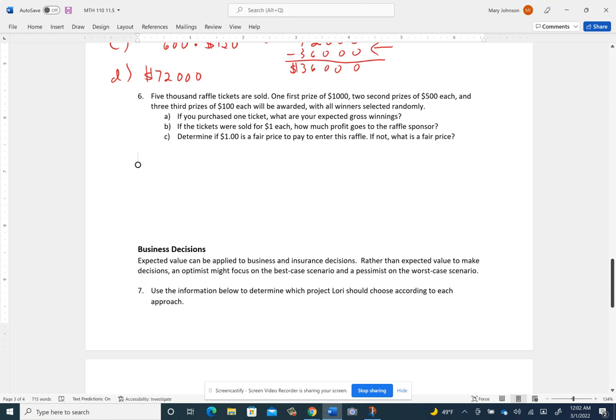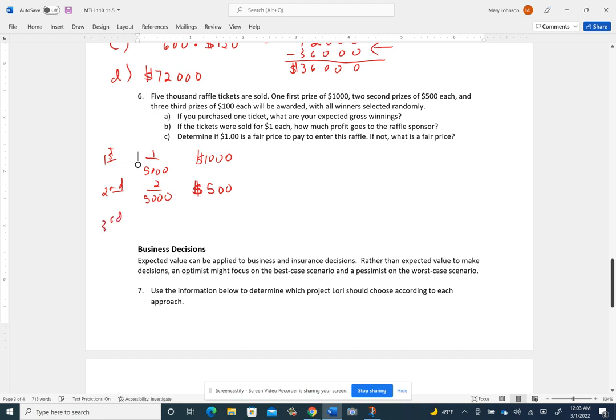So we have a 1 out of 5,000 chance of getting first prize, which would be $1,000. For second prize, we have a 2 out of 5,000 chance of that happening, and we get 500.